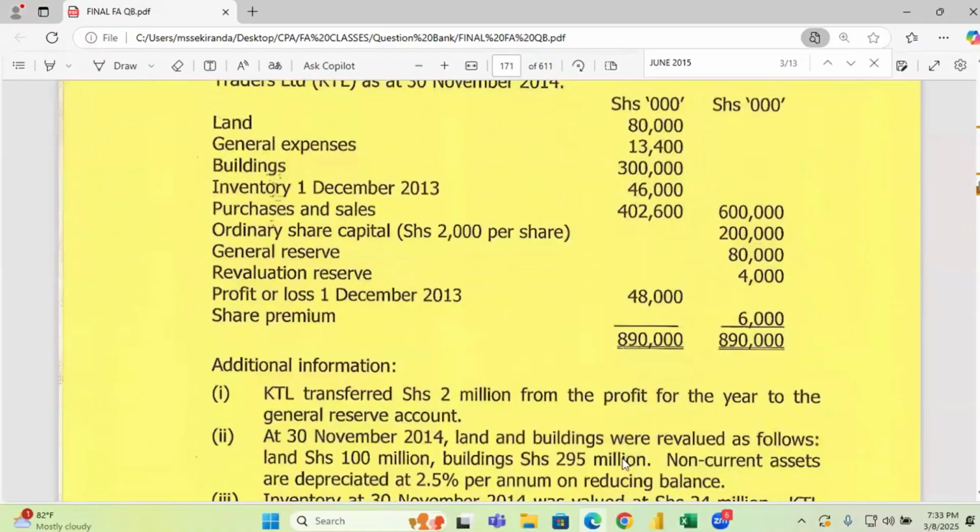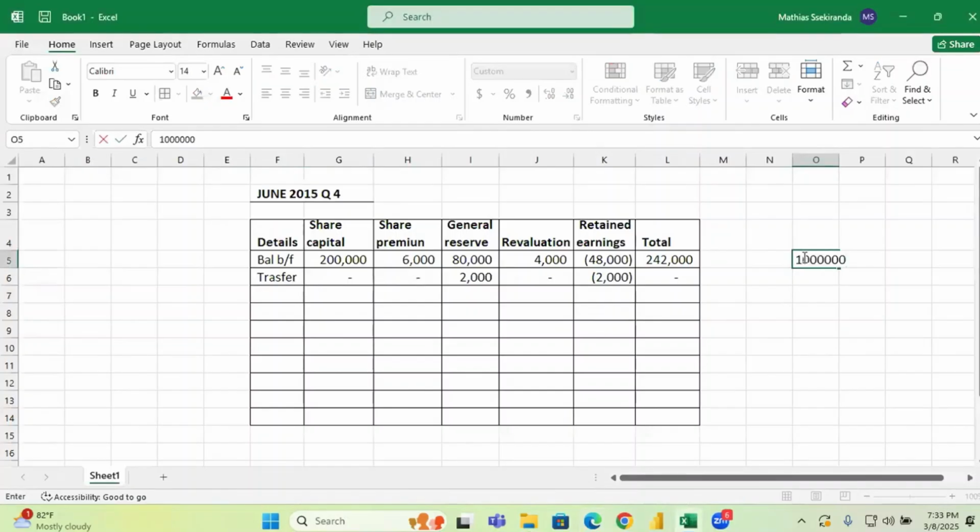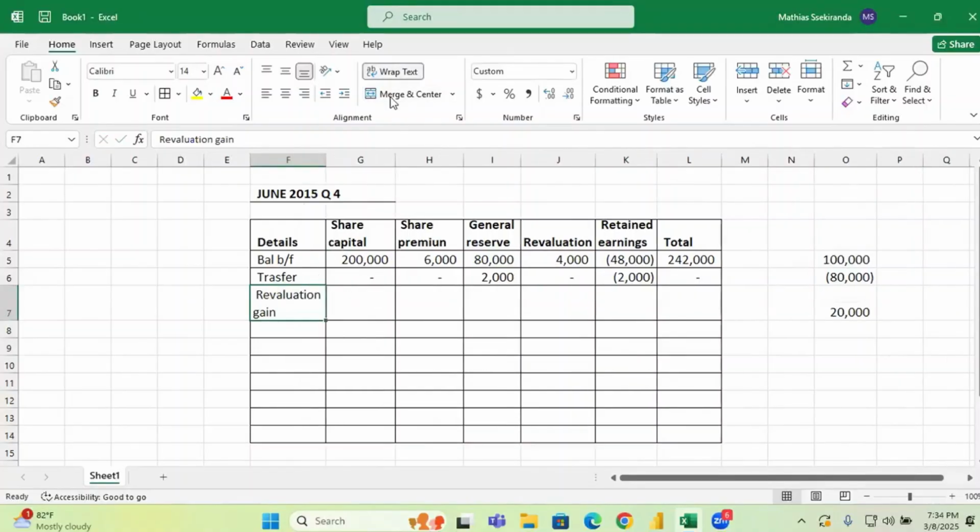From 80 to 100, what is the revaluation gain? You just get the current revaluation, 100 million, less 80 million, and what you get is the revaluation gain. So we come here and say revaluation gain. You put it under revaluation reserve, 20,000.